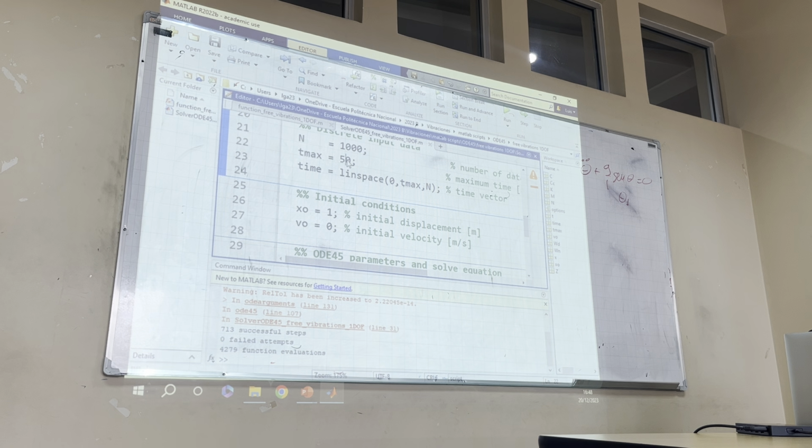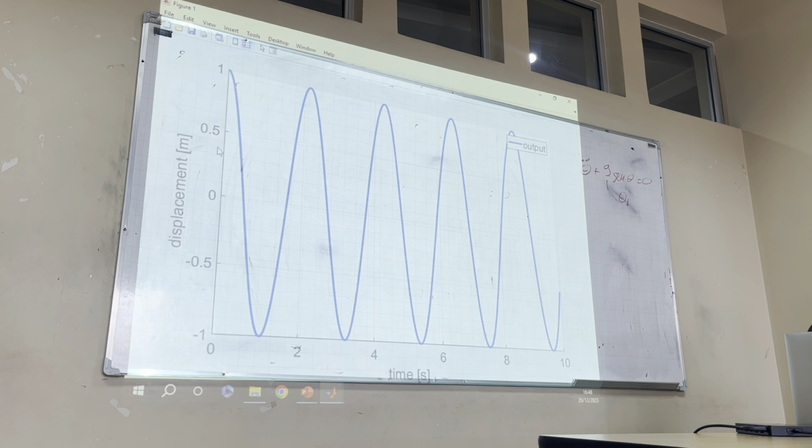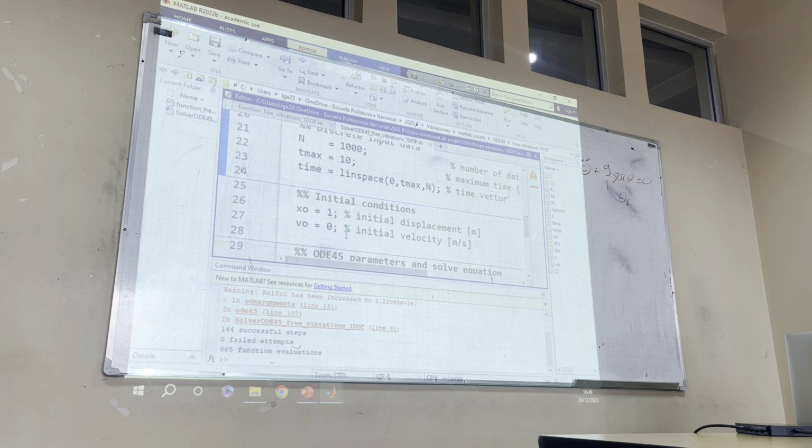Let's reduce this. Let's put just 10 seconds. And look at this. This is the solution. Do you see something new? No, it looks like a sinusoidal, right? It looks like that because the region is quite small. Let's put a bigger one. Let's put 2.